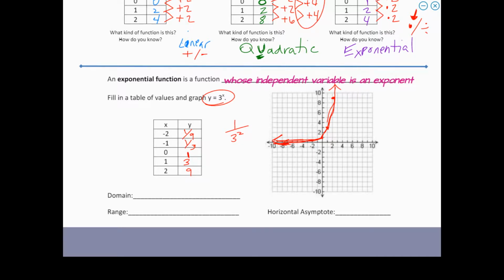So we have a new word down here at the bottom that we haven't seen before. The asymptote. Okay, so horizontal asymptote is the line, the invisible line that the graph never crosses.